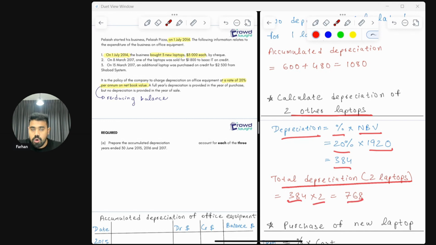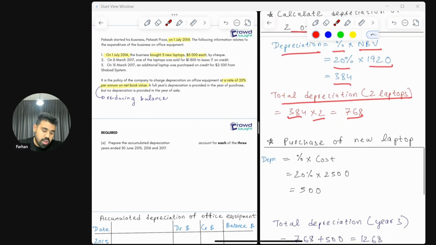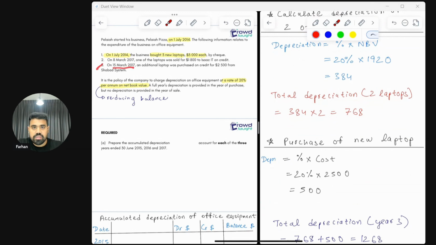Okay? All right. Now, let's look into the last information we've got with regards to the purchase of a new laptop. On the third additional information, we know that on 15 March 2017, an additional laptop was purchased on credit for $2,500. Now, this new laptop, which we have purchased, is going to have a full depreciation based on the company's policy, which is mentioned in the last paragraph of the question. So how do we calculate the full depreciation for a new asset using the reducing balance method?